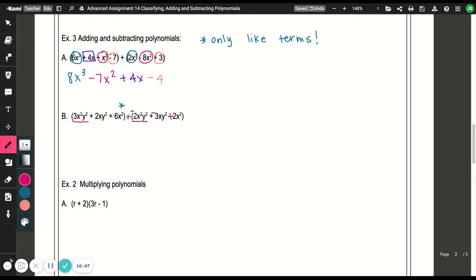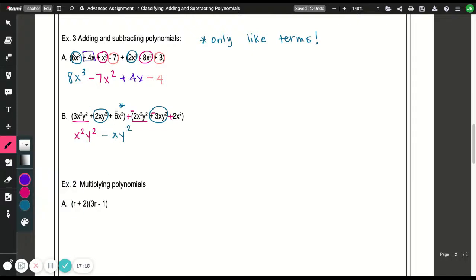So I have 3 of them minus 2 of them is 1 x squared y squared. Then I have x to the first y squared, and there's another term that has x to the first y squared. So here's positive 2 minus 3 of them is minus 1 x to the first y squared.